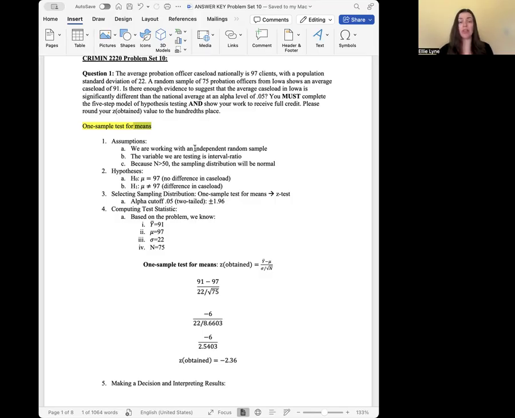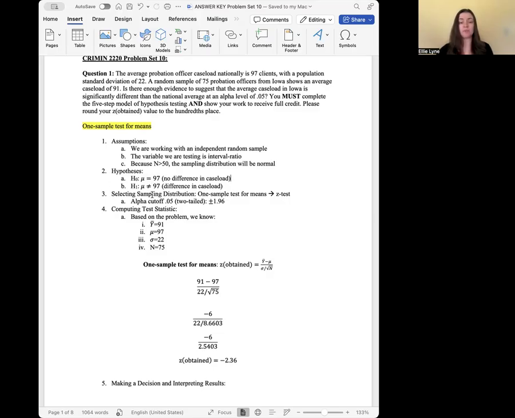And so, knowing that I'm working with means, I know that my symbol designation here is going to be mu. Now, if we were working with proportions, this would be the pi symbol. But because it's means, that's our only option here, right?